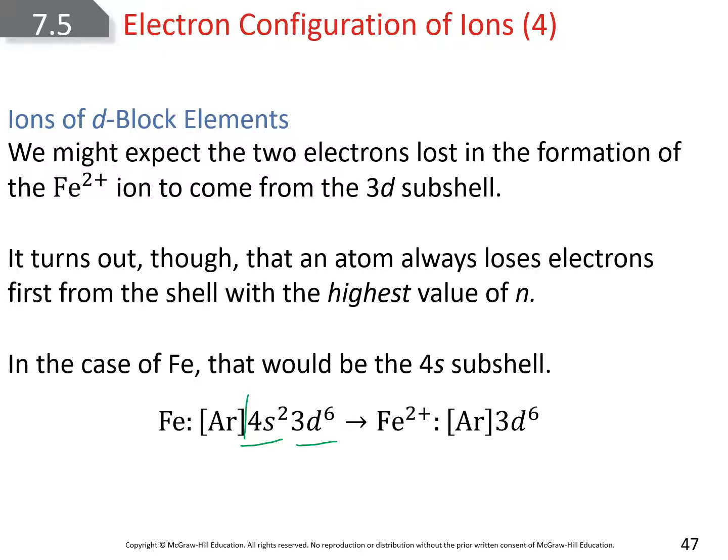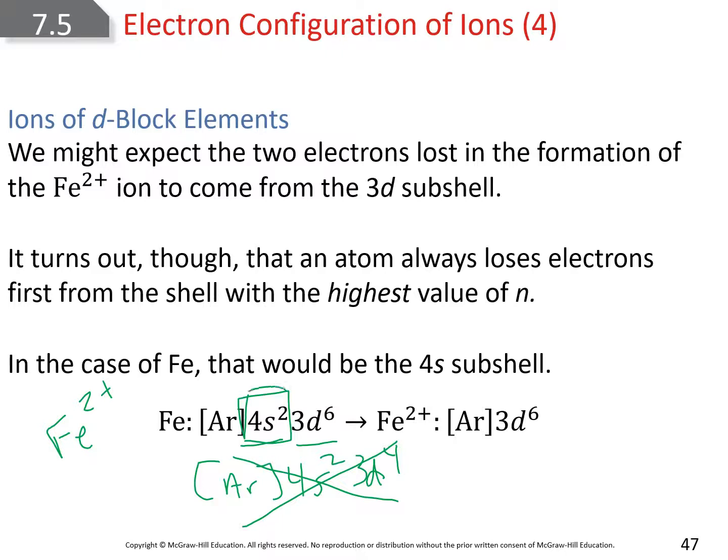So for Fe2+, those two 4s electrons are going to be lost first. We will not get argon 4s2 3d4. That will not happen. These 4s2 electrons will be lost first because the 4th main energy level, even though it is a lower level, is still further out from the nucleus. The further out from the nucleus, those are your valence electrons, and those are going to be the ones that are gone first.